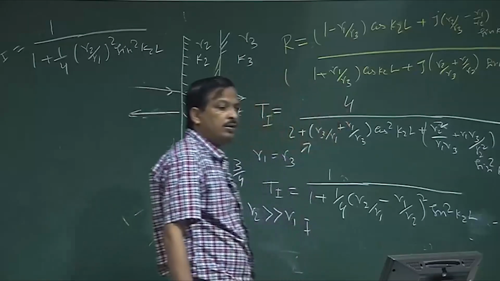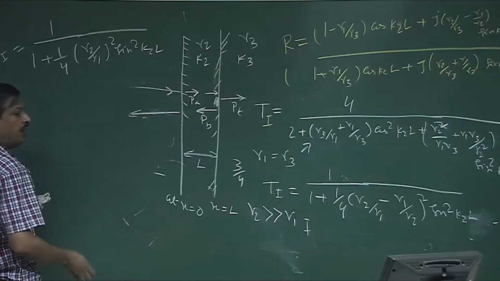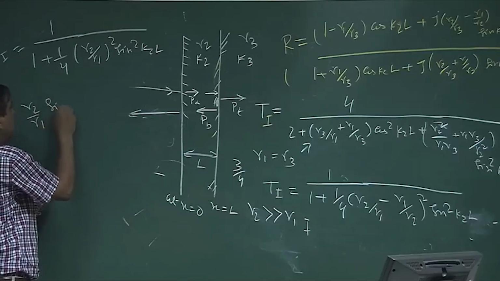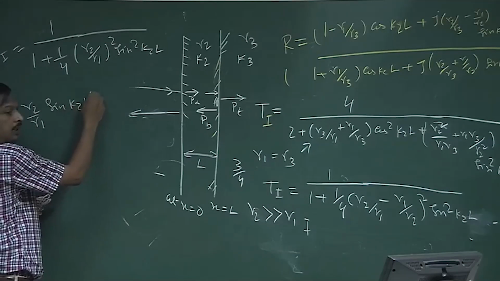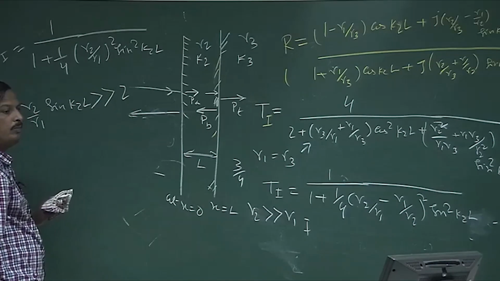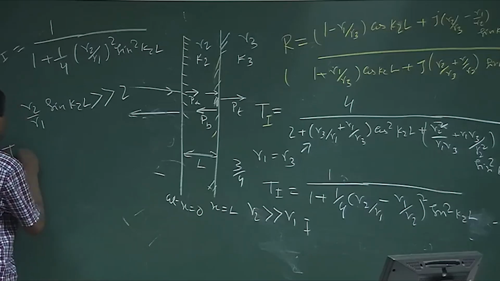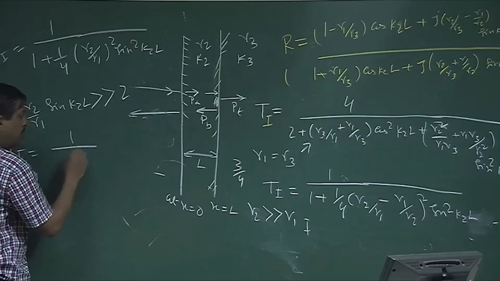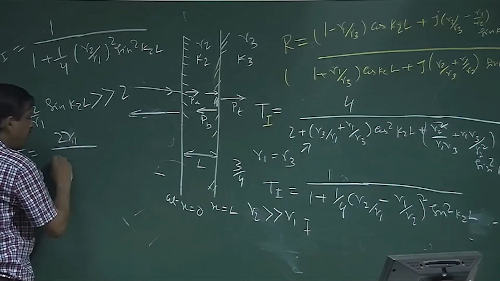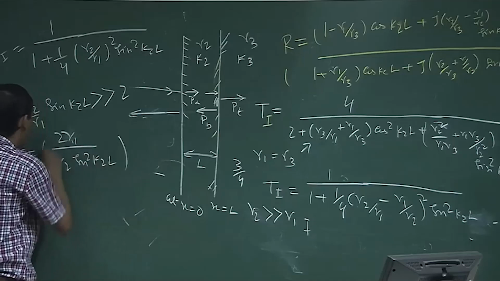Now, if I consider that R2 by R1 sin K2L is much greater than 2, then Ti will be 1 by [2 R1 divided by R2 into sin square K2L] whole square.